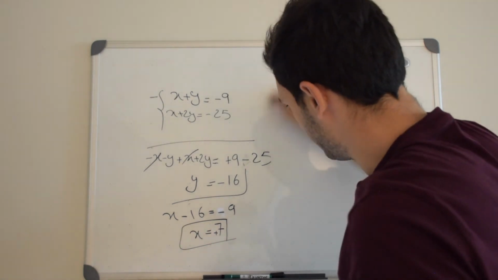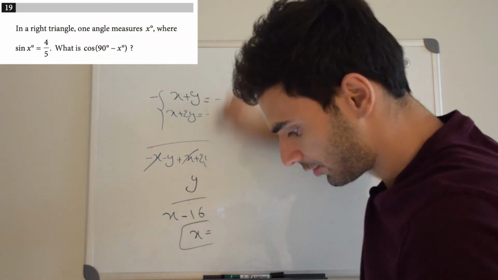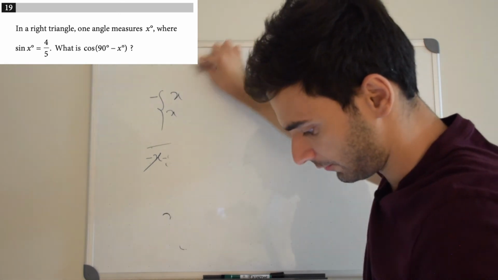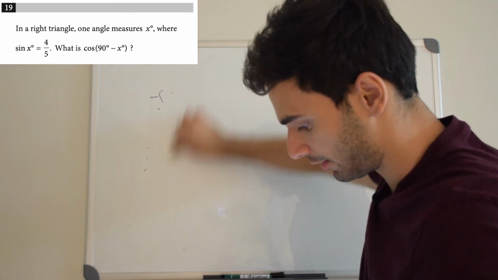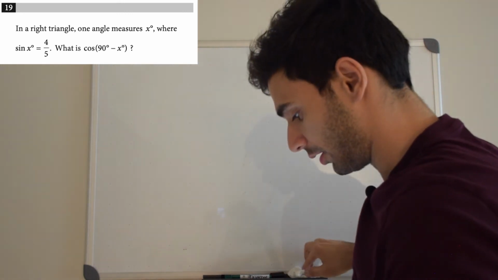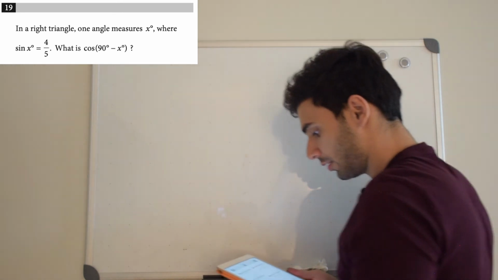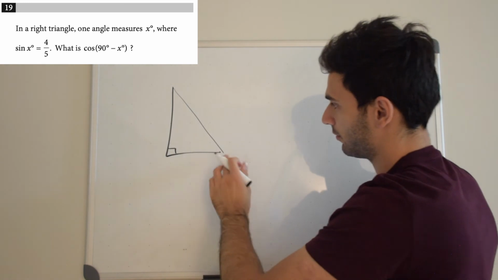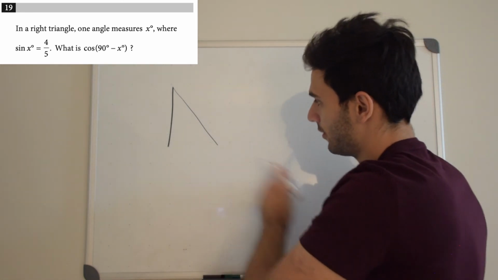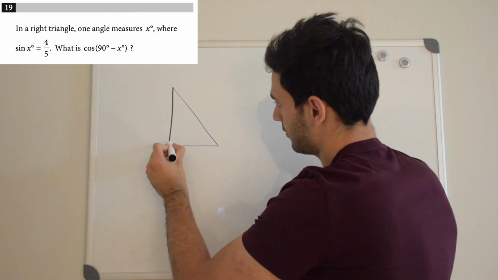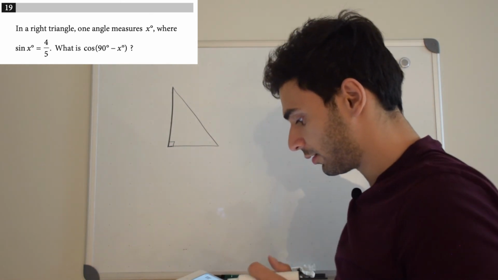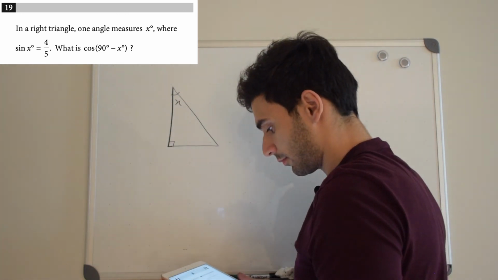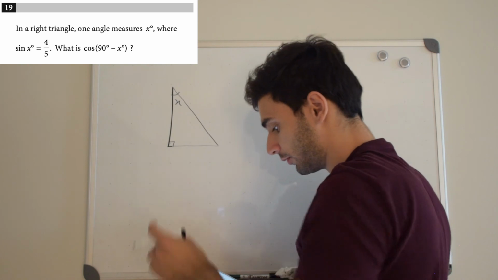In a right triangle, the next question, in a right triangle, one angle measures x, where sine of x is 4/5. What is the cosine of 90 minus x? Alright, so we have a right triangle. And x, the sine of x is going to be 4/5.